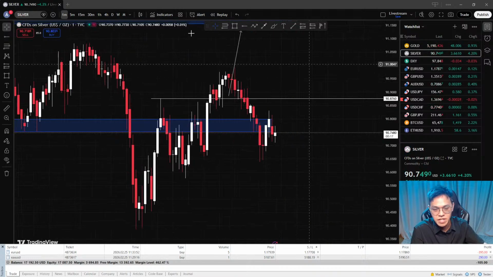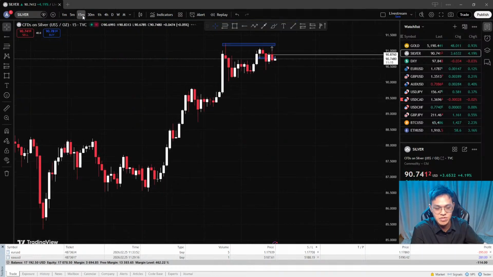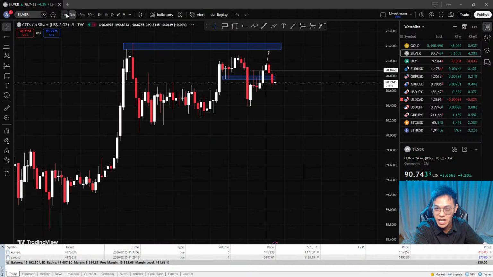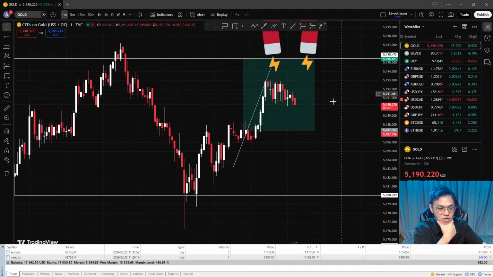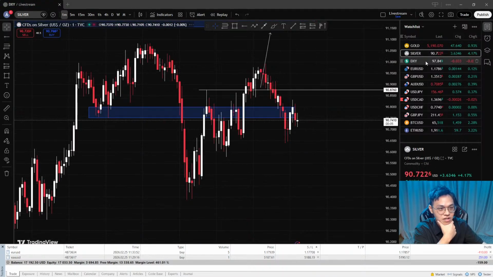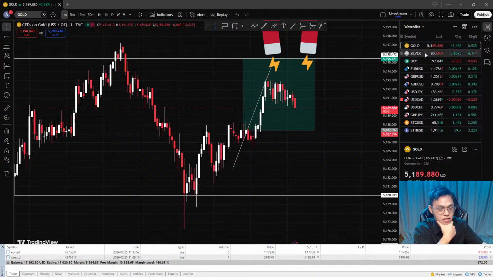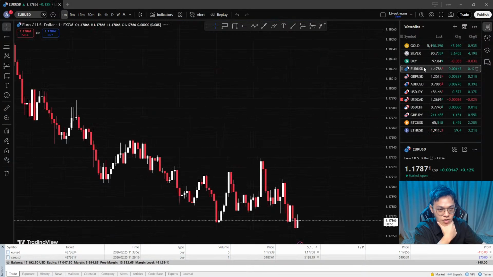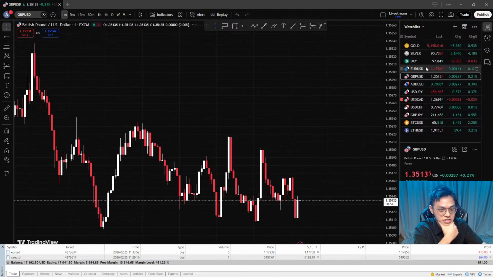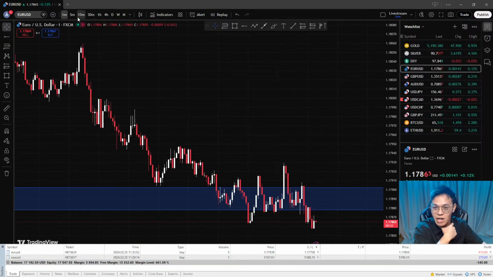But since there's no opportunity to trade, then it's okay. So we wait for another opportunity. Do your risk management and account management well, and then wait for the opportunity to come.